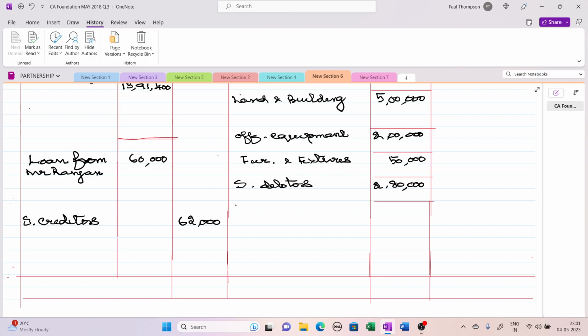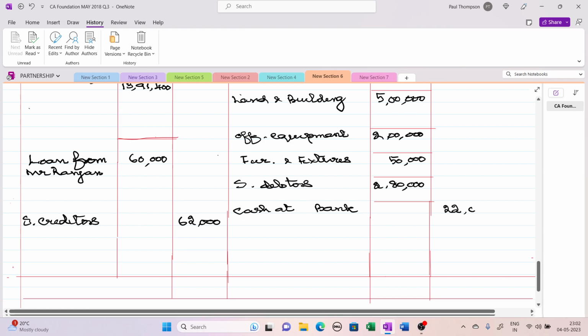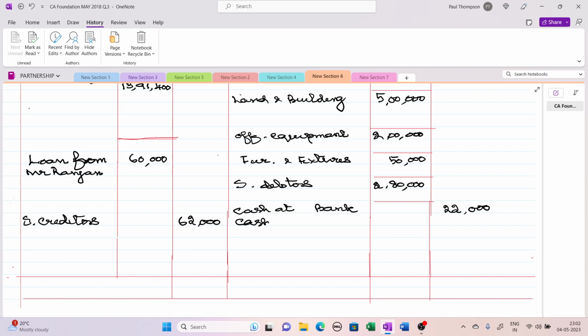Both are assets, so I am writing here cash at bank 22,000 and cash in hand 16,000. So we have entered every item from the trial balance.